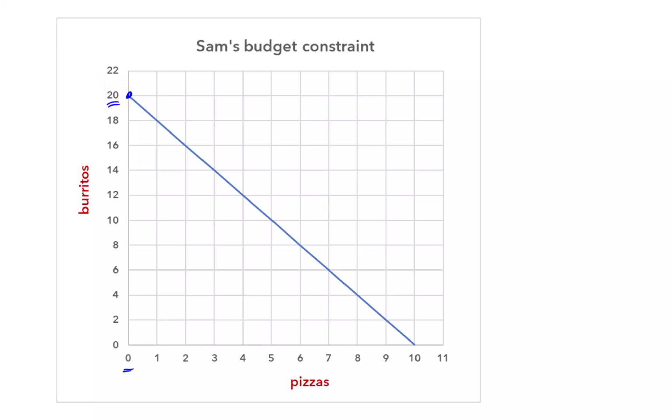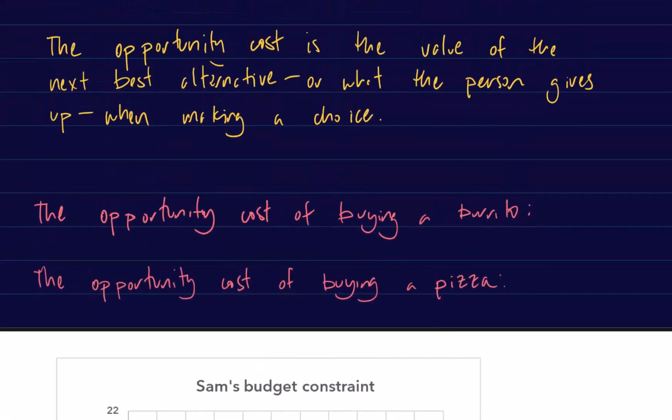Now, if he decides to go from 0 pizzas to 1, when he gets this 1 pizza, how many burritos does he have to give up? If he has 1 pizza, he'll be at this point here, and that means he'll go from 20 to 18 burritos. So getting this 1 pizza means giving up 2 burritos. So the cost of 1 pizza is 2 burritos for Sam.